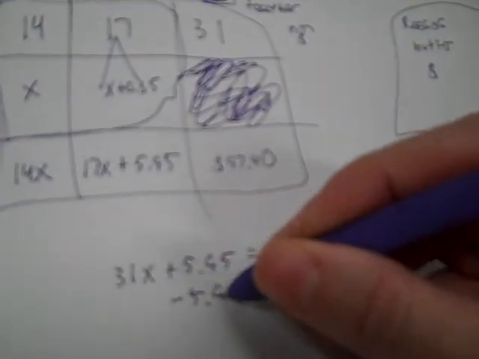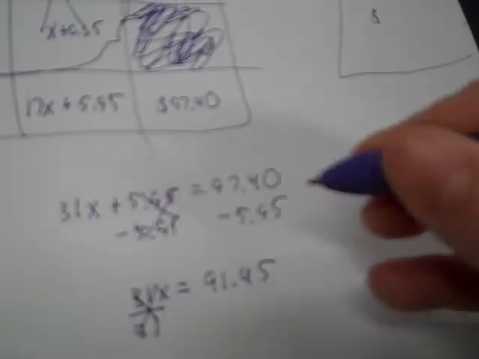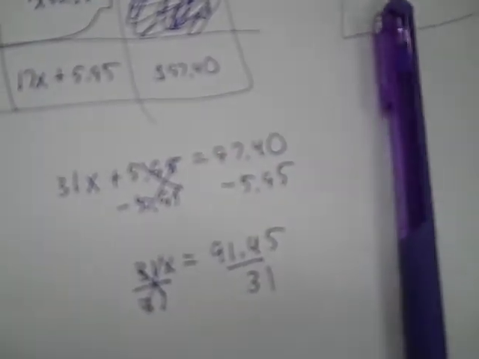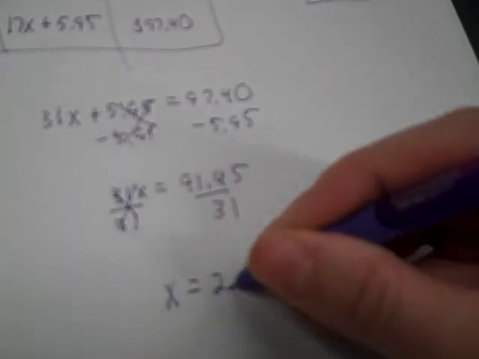So now I subtract 5.95 from both sides. So 31x equals... and I got 91.45. And then divide by 31, divide by 31. Okay, that's 2.95.